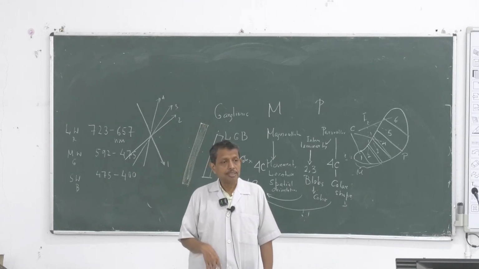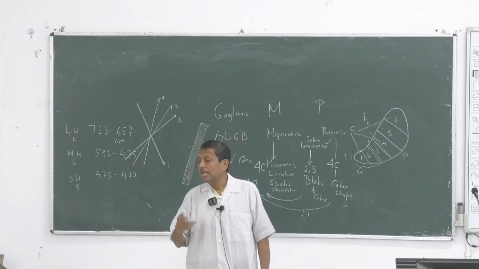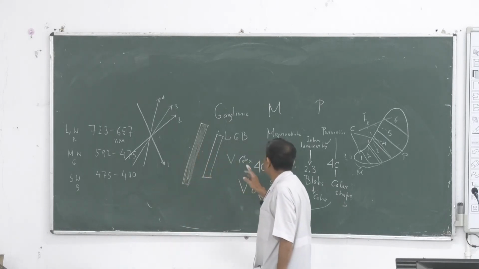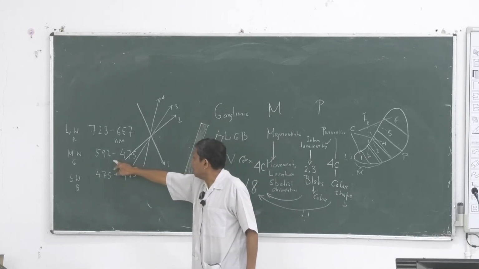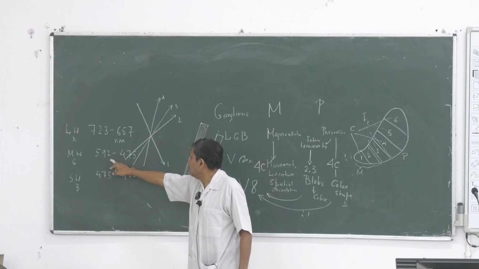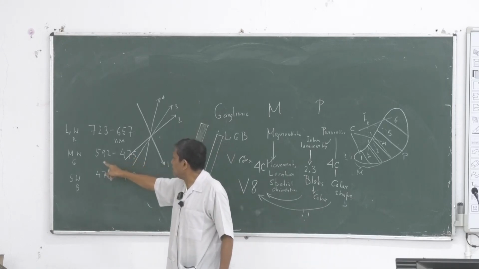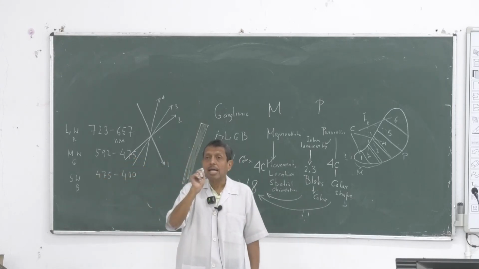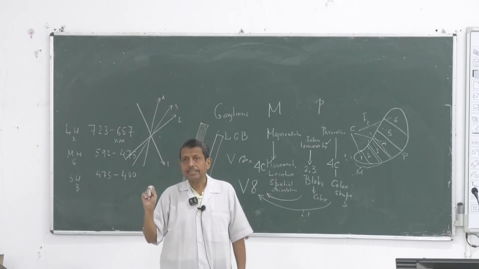Rayleigh mix is the term. Suppose in normal individuals there is the yellow color, the peak is at the middle, but it is extended to the red side.